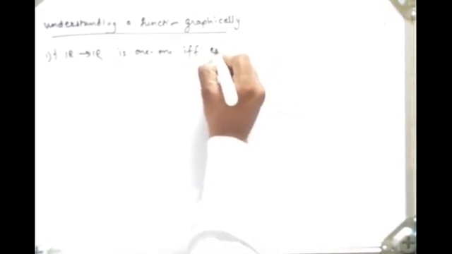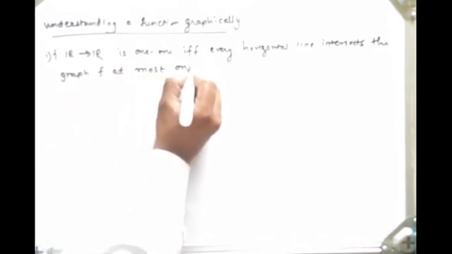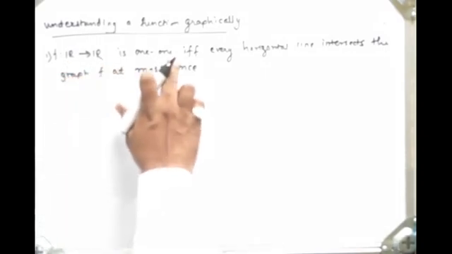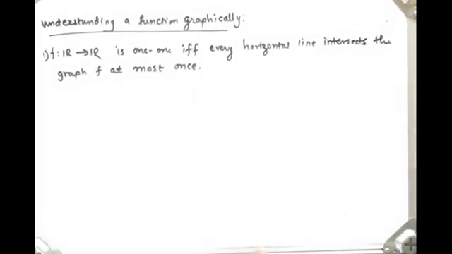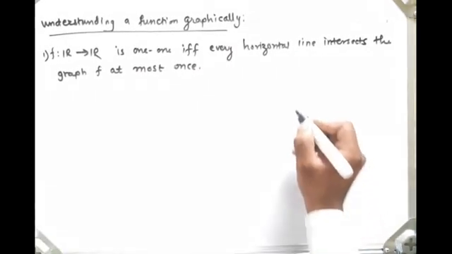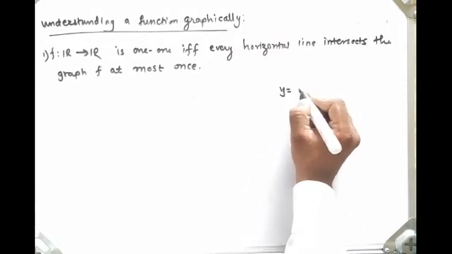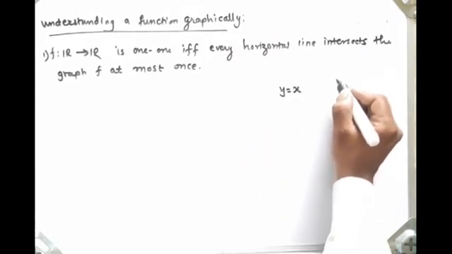Every horizontal line intersects the graph of f at most once, then we say that the function is 1-1. f from real numbers to real numbers is 1-1 if and only if every horizontal line intersects the graph of f at most once. Suppose I have the function y is equal to x. This is the function. What is the graph?